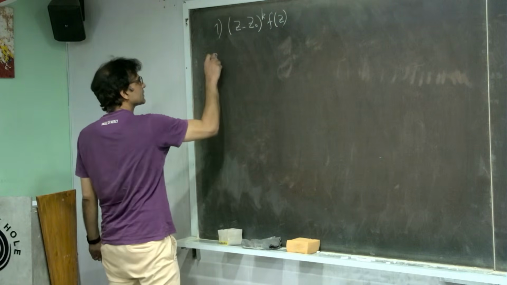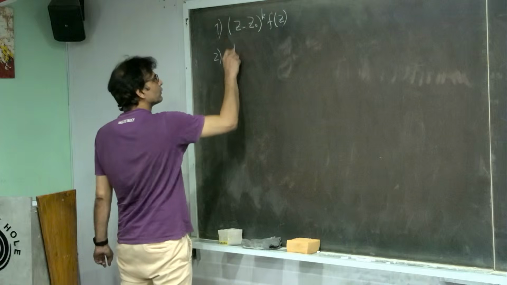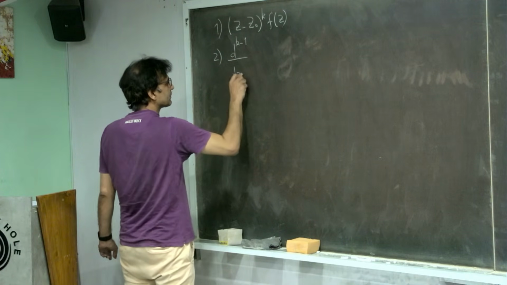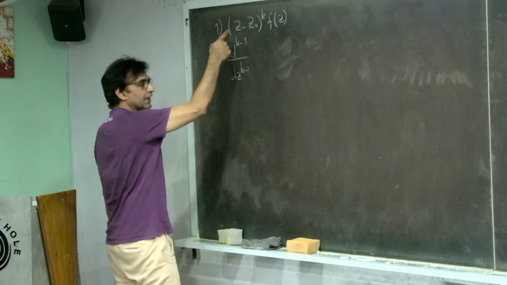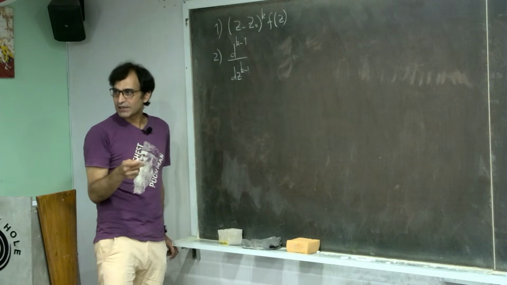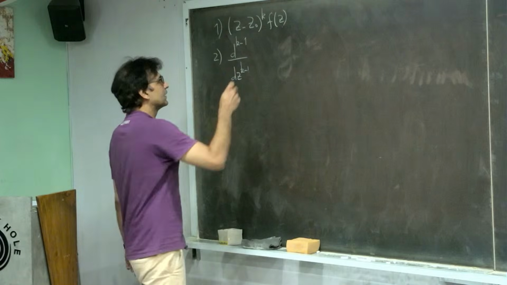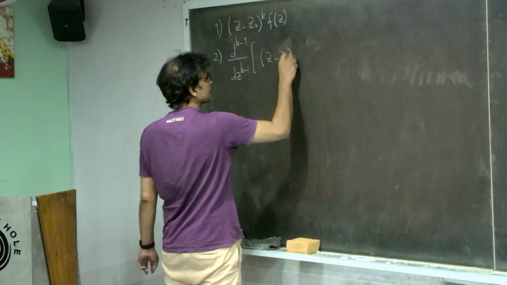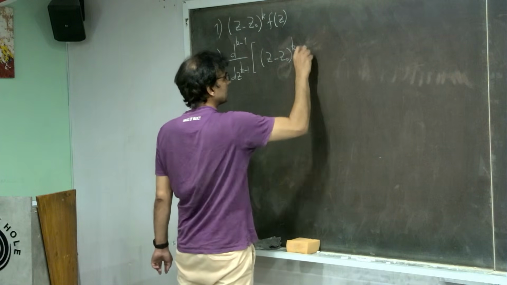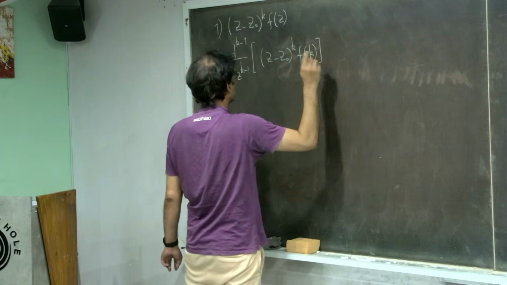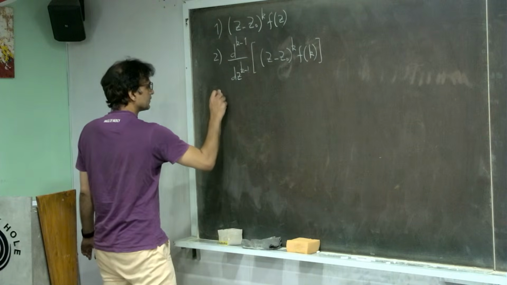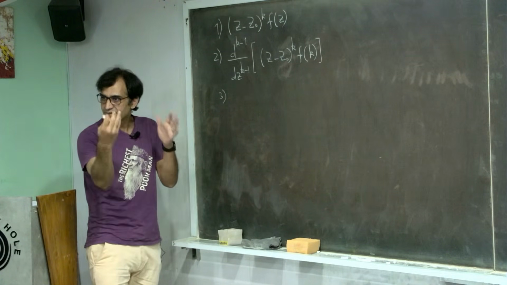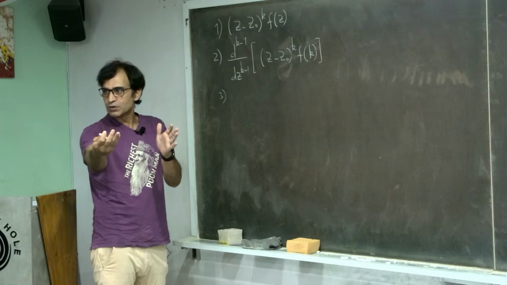The second step was to take the derivative with respect to z, of order k minus 1, where k is greater than or equal to n, you remember? And then you have z minus z naught to the power k times f of z. The third step was to calculate the residue by evaluating this derivative at z equal to z naught.